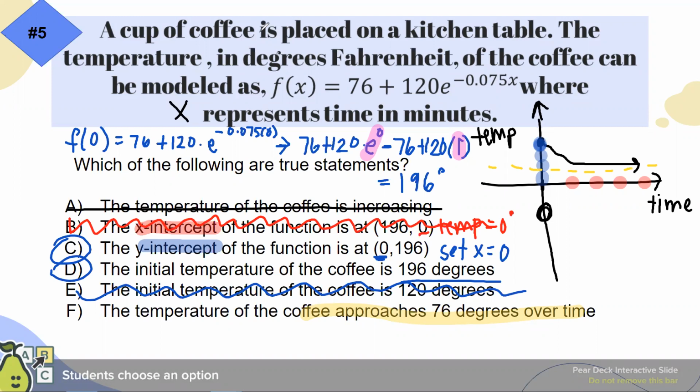Exponential functions have asymptotes, and that is based on the vertical shift of our function. Now, normally we have y is equal to a times our base to the x minus h, plus k.